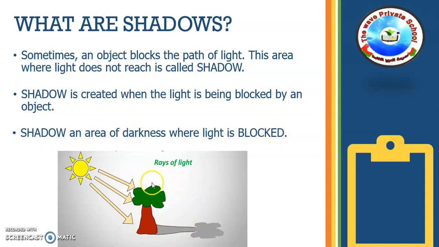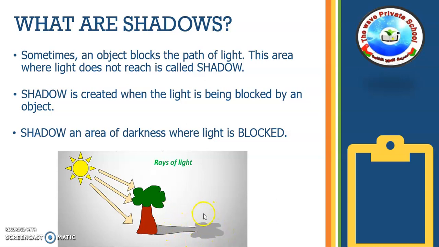So I want you to look at this picture again. So we have here our light source. We have here the object. And of course, since the rays of light cannot pass through in this area, this creates a dark portion in here, and this dark area here is what we call, very good, a shadow.